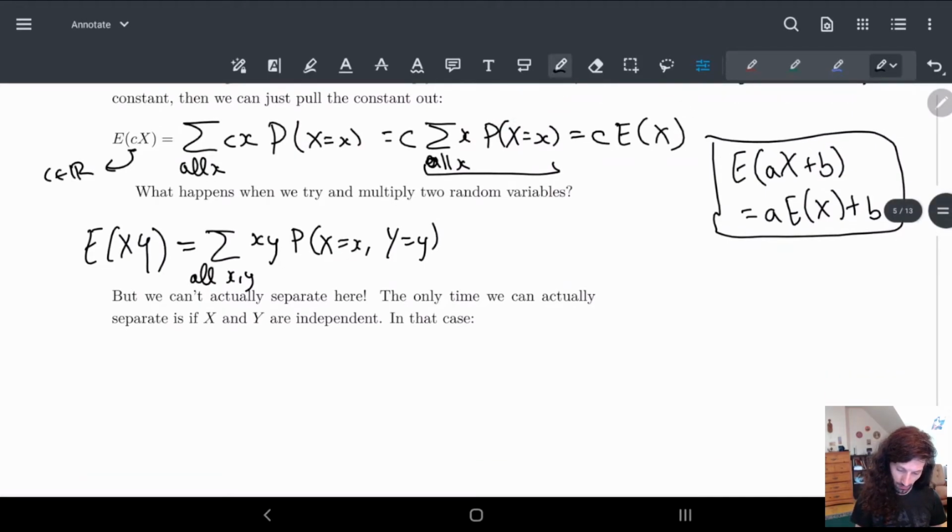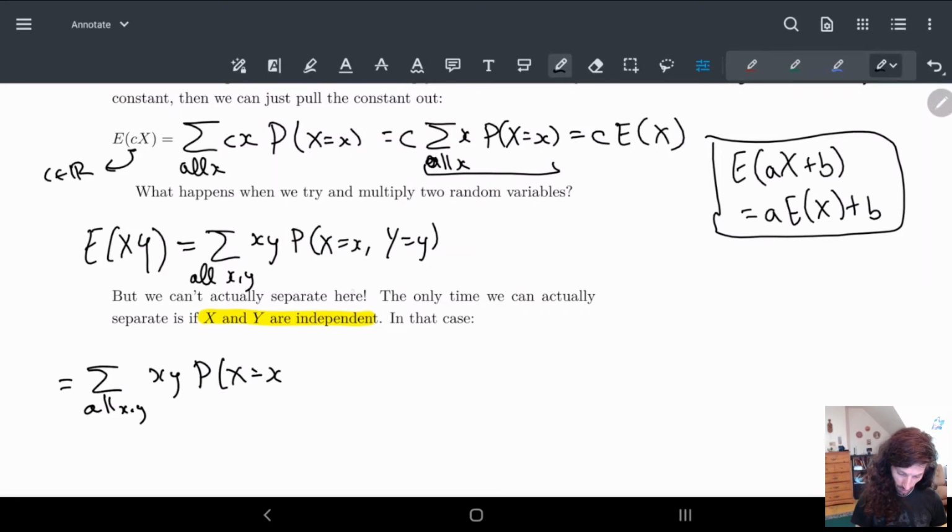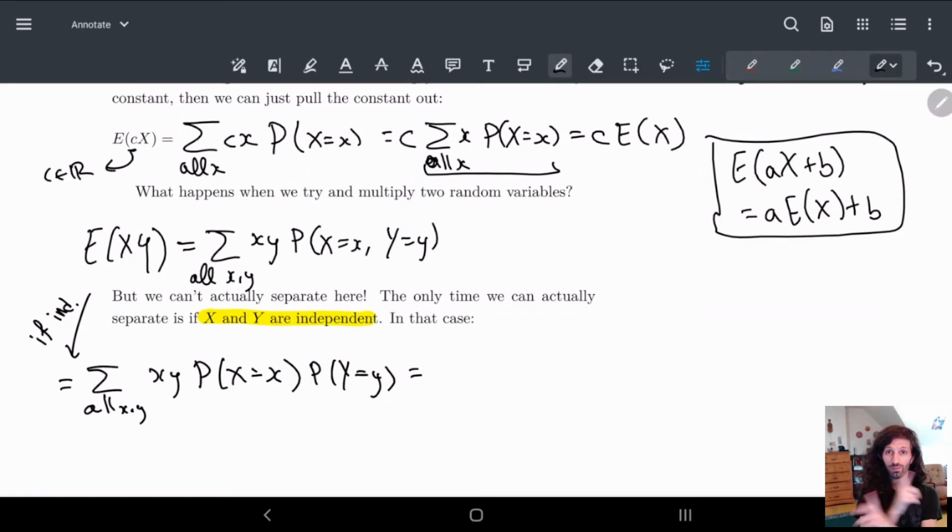If our variables are independent, so if we have independence, then we can actually split apart. This part becomes the sum over all x, y of x times y, and then we can multiply. Remember how the comma is 'and'. So I can now split these apart. If independent, we can split these apart. And then at this point, this is just distribution, distribution not from the probability sense, but as in the distributive property.